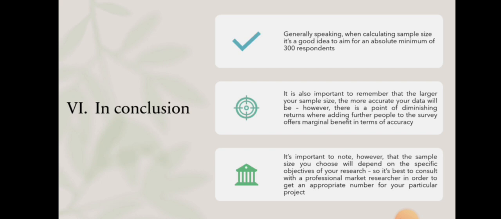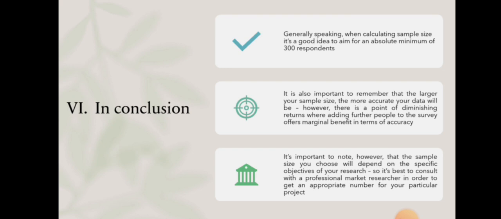Now we can conclude. Generally, when calculating the sample size, it is better to use a minimum of 300 respondents. It is also important that the larger the sample size, the more accurate your data, but it will be costly.